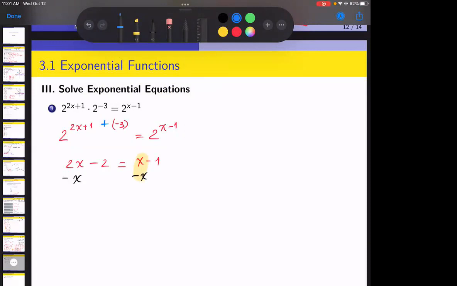Because I want x on the left, the number is going to move to the right, so I'm going to add 2. So that's gone. 2x minus x is x, and negative 1 plus 2 is 1. Or you can do it in your head, just move things around. Step by step is fine.